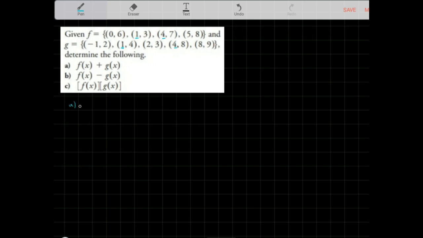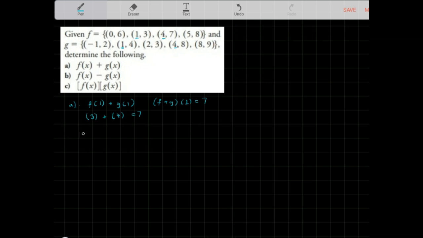So for part A, I can do f of 1 plus g of 1. So f of 1 here is 3 plus g of 1 here is 4. And this is going to give us 7. Okay, so f of 1 plus g of 1 is equal to 7, or you can write this as f plus g of 1 is equal to 7.